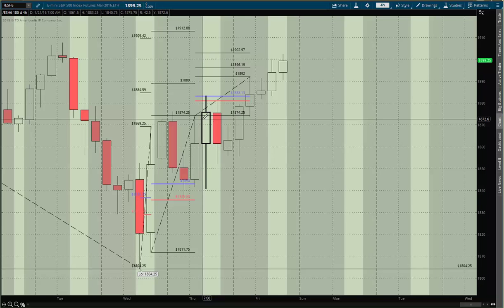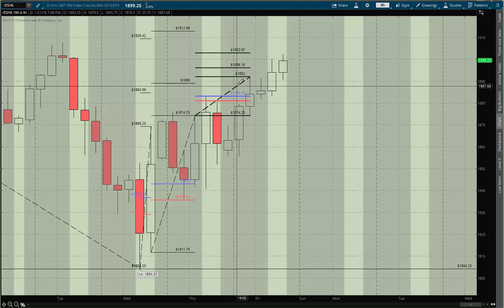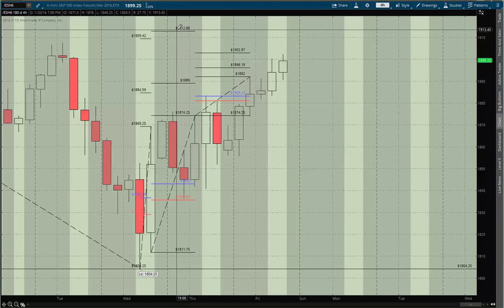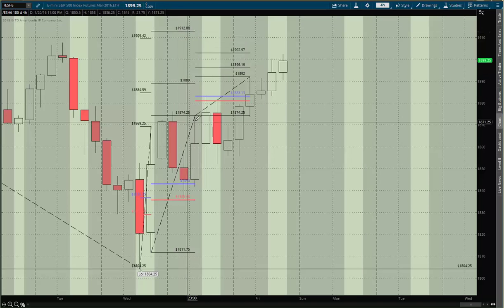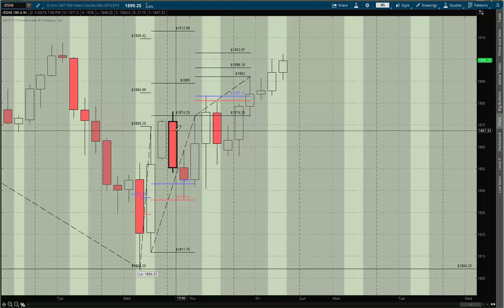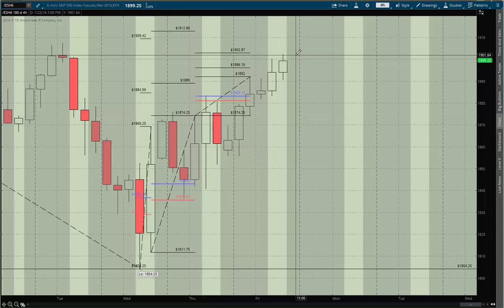In addition, we have this helper measured move that's helping us move into and above this second target so far. Now at any time, should one of these break, we go into the canonical retracements, which would be first from here to here and then the whole move.